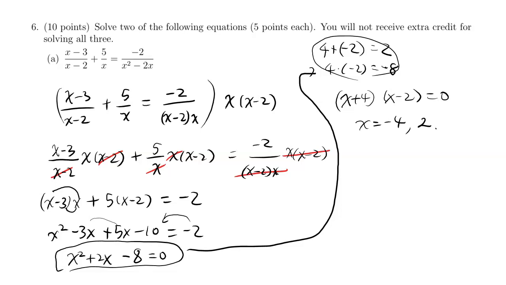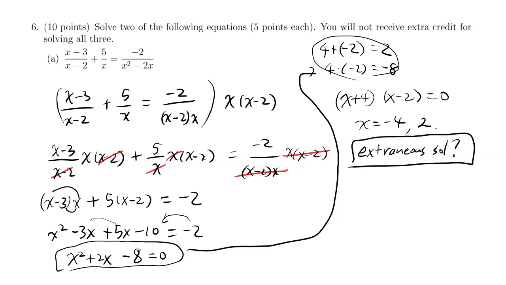However, if you have an equation with a fraction or sometimes a square root, those equations can have something called extraneous solutions. So you really need to plug these numbers in to see if it's a bogus solution.